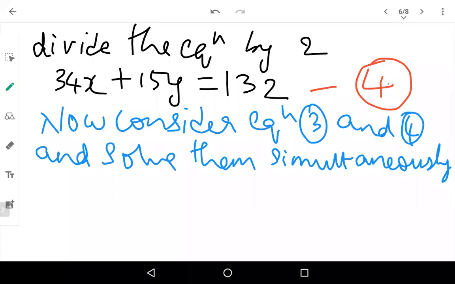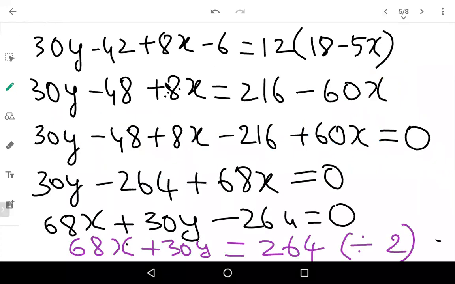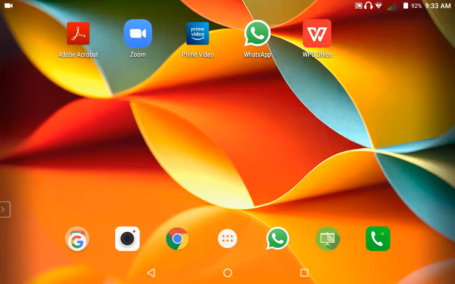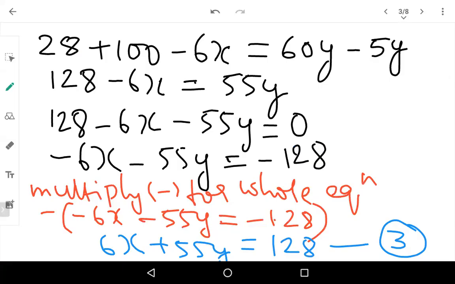Okay. Now let us consider equation 3 and 4. Now what was equation 3? Equation 3 is here: 6x plus 55y is equal to 128. Okay.